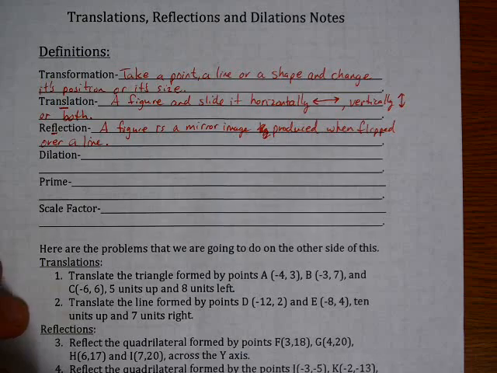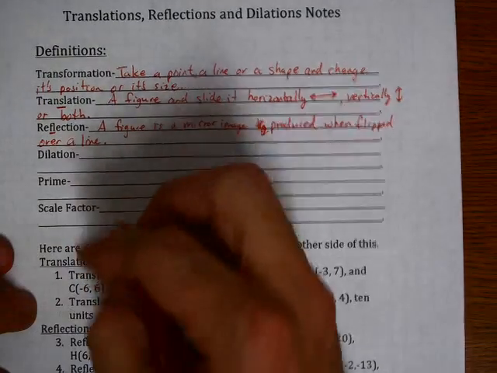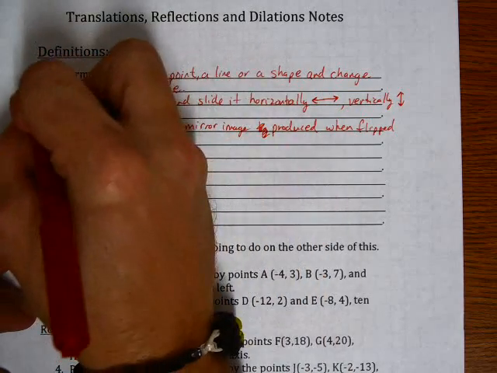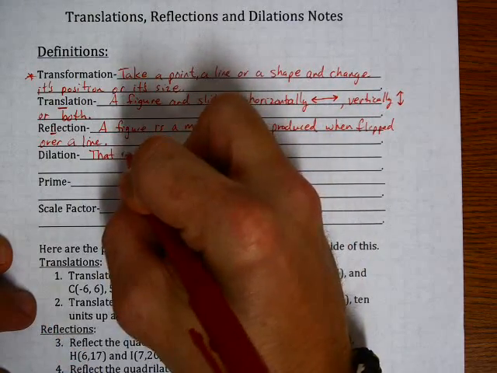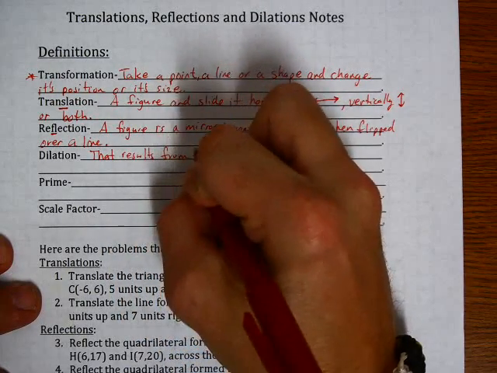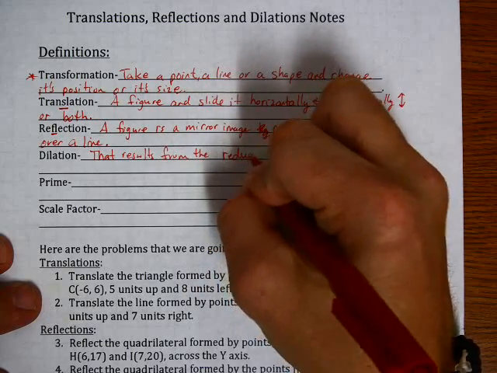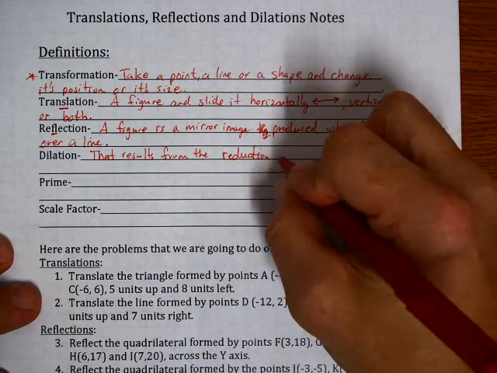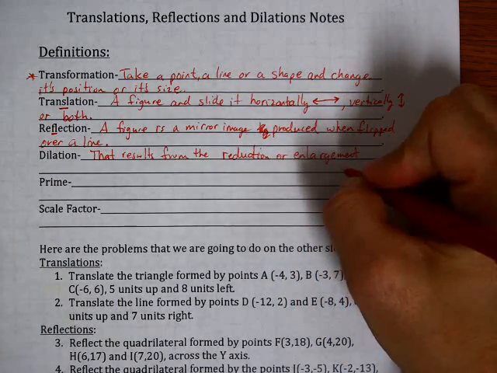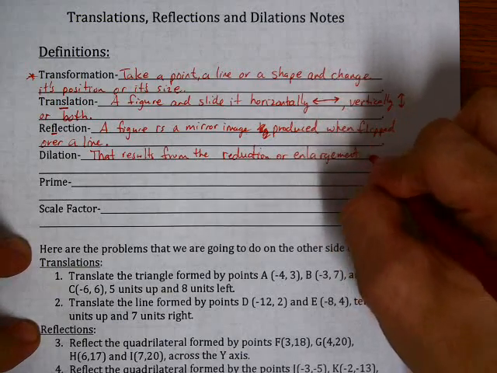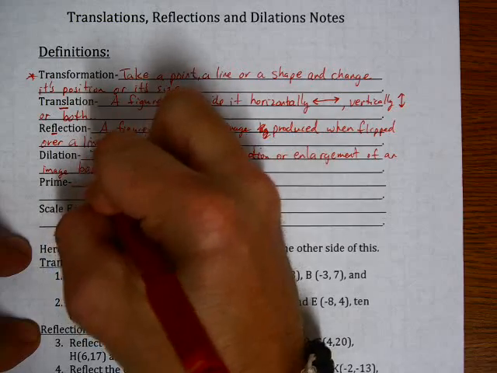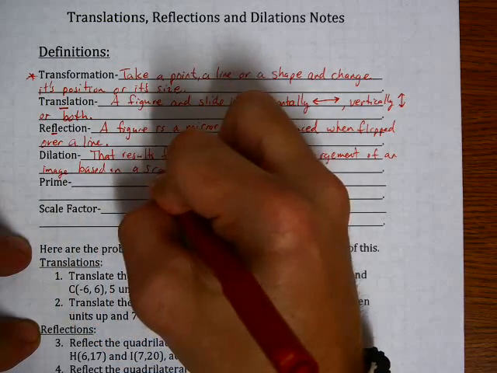Next, a dilation. A dilation is a transformation, and I'm starting them all out with transformation because these are all transformations, that results from the reduction, meaning to make smaller, or enlargement, meaning to make bigger, of an image based on a scale factor.